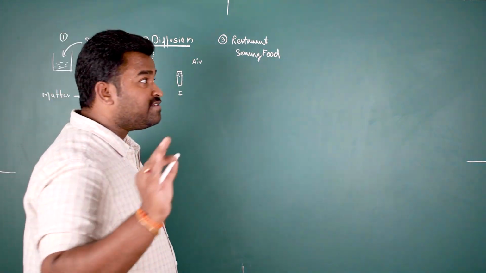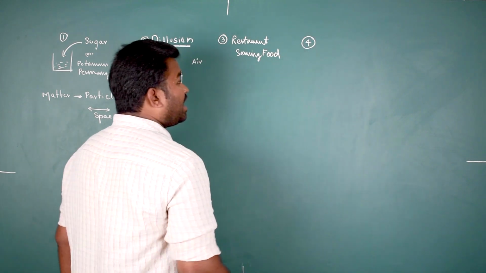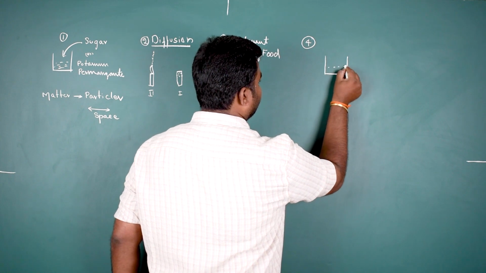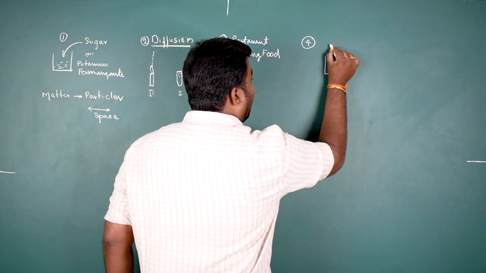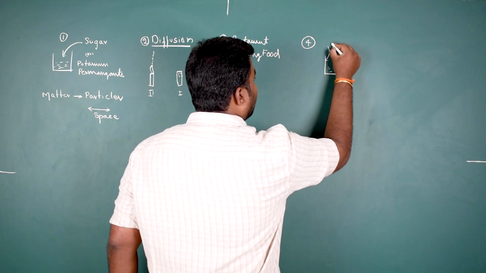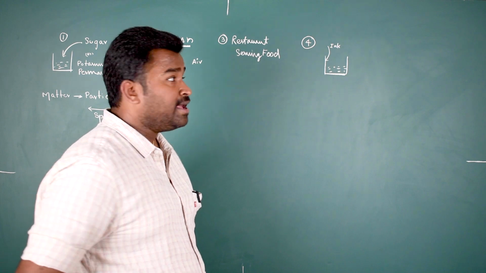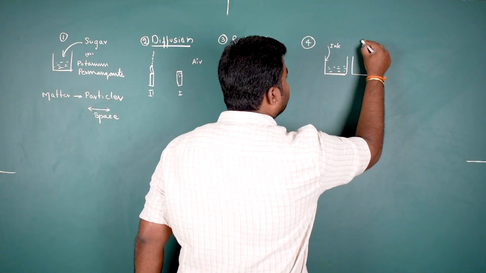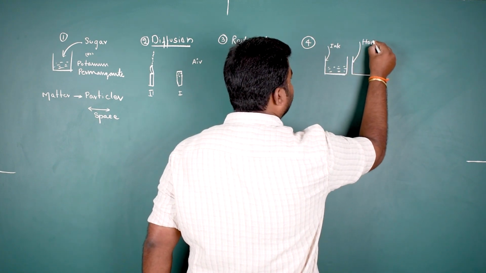And the fourth one we will look at is this. Suppose I am taking a beaker of water, and into this water I am adding ink. Similarly, I'm taking one more beaker, and into this beaker, to the sides, I'm adding honey.